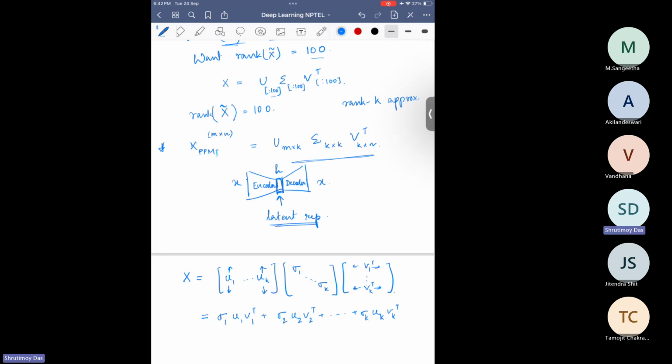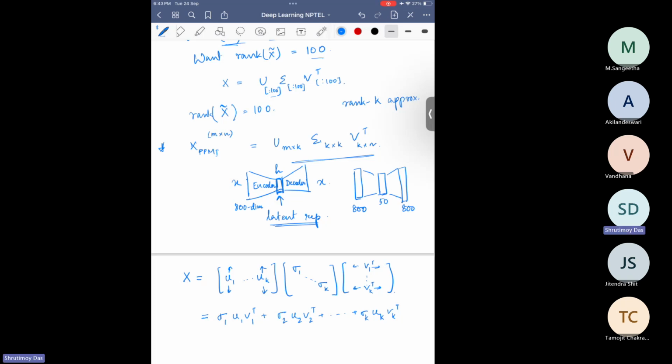Suppose your input x was, say, an 800 dimensional vector. Let me give an example. Your input is an 800 dimensional vector. You pass it to a neural network. Here you have a 50 dimensional vector, and again you want to reconstruct the same x, so you have an 800 dimensional vector here.